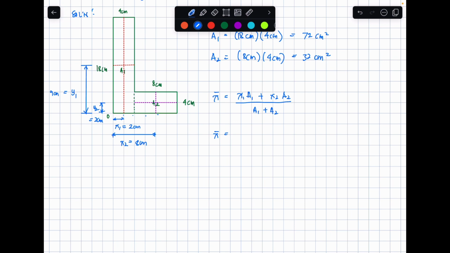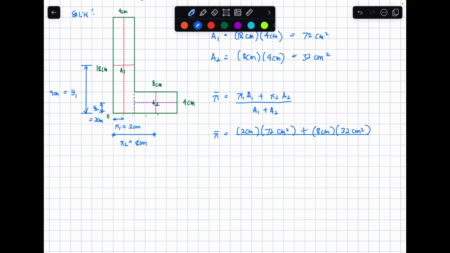So x sub 1 is 2 centimeters, area 1 is 72 square centimeters, plus x sub 2 is 8 centimeters, while area 2 is 32 square centimeters.